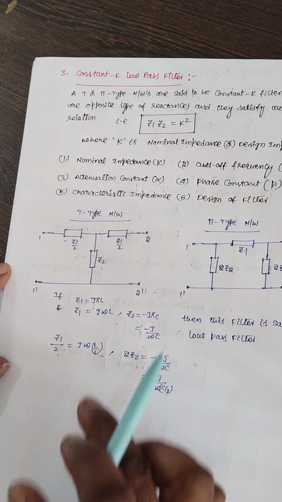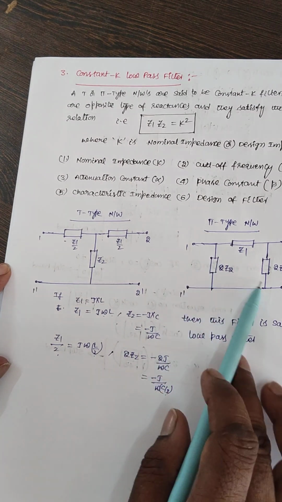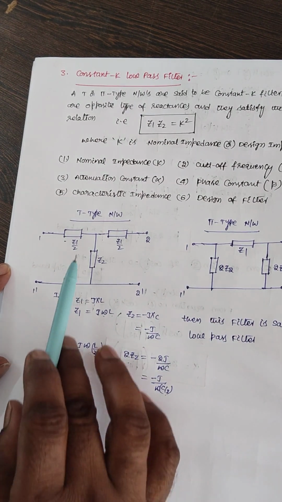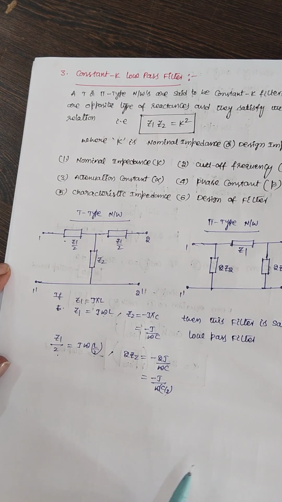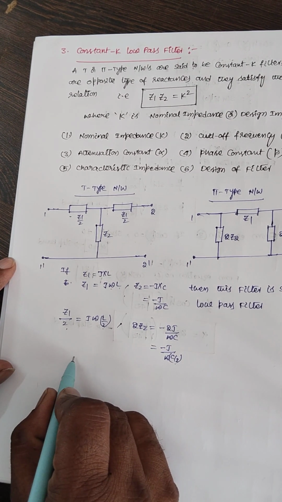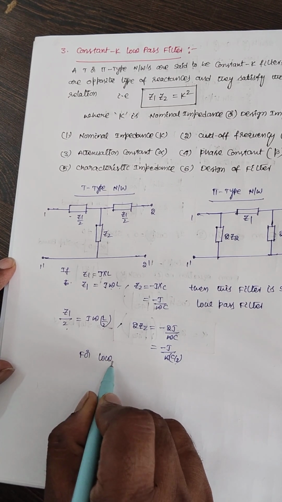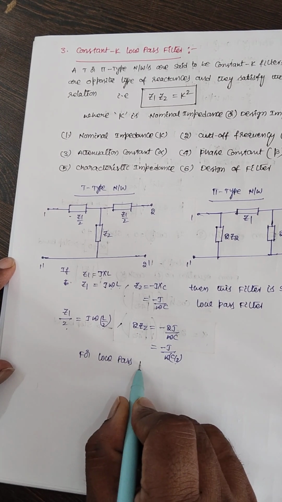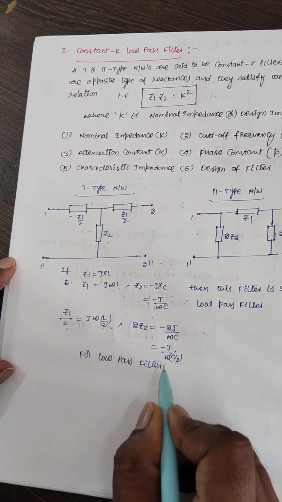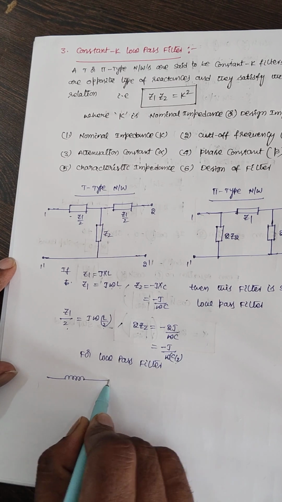So now let me draw these T type of networks and pi type of networks, replacing these impedances with inductances and capacitances. So for low pass filter, this Z1 by 2, it is an inductance.